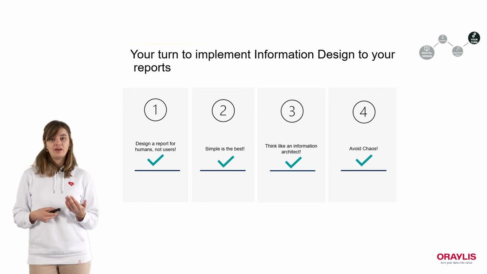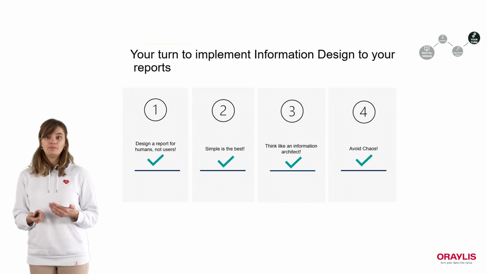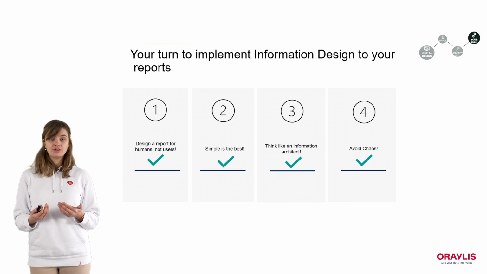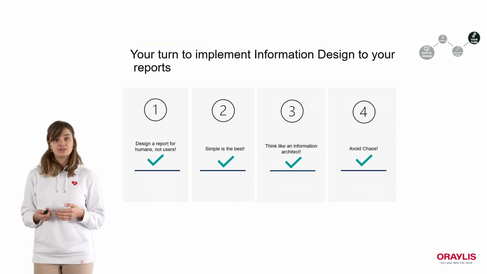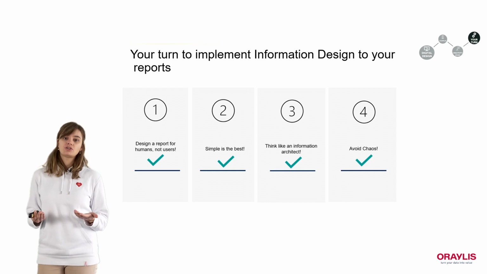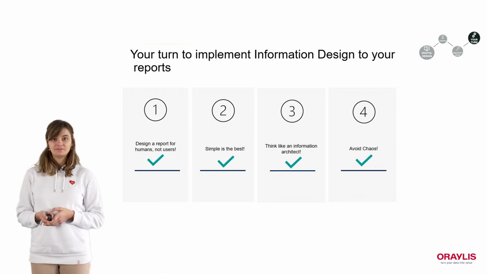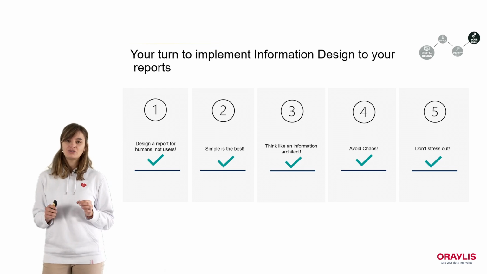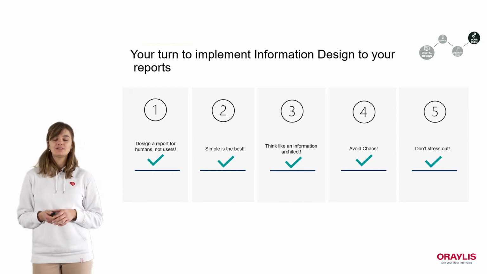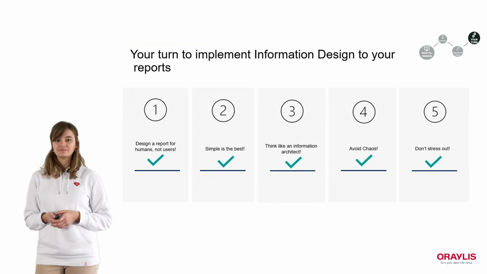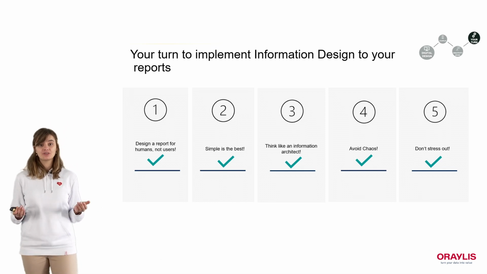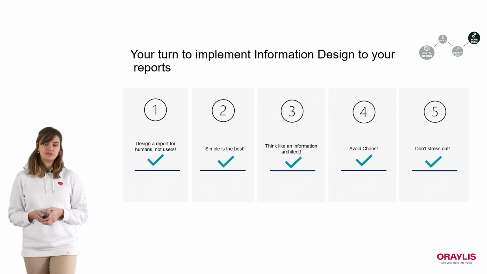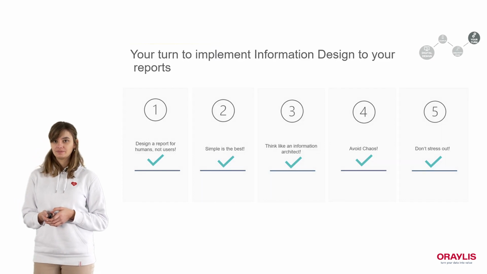After you remove the chaos from your reports, you will be able to focus on the important aspects, such as storytelling, structure, or technical development. And last but not least, don't stress out. Designing reports is allowed to be easy. And now it's on you to adapt the tricks and tips you learned today to your Power BI reports.